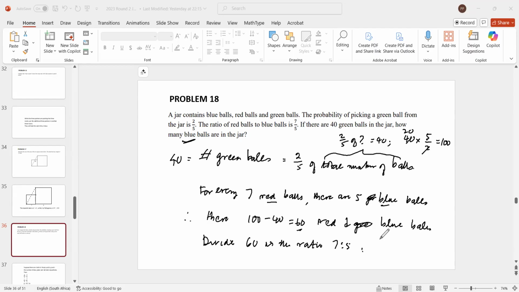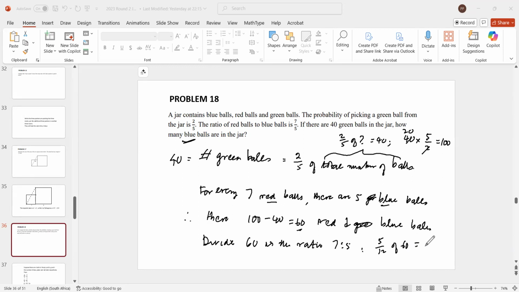So you get 5/12 of 60, as there are 12 parts altogether. 7:5, each part is 5. So therefore, there will be 35 and 25. So it's 5/12 of 60.